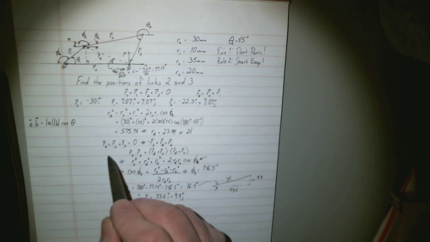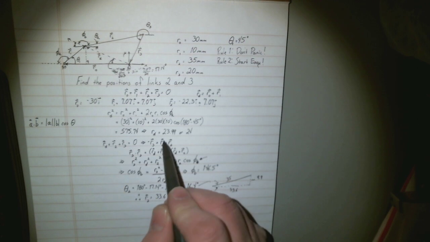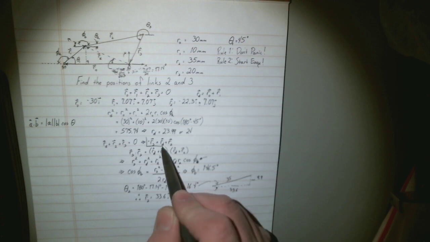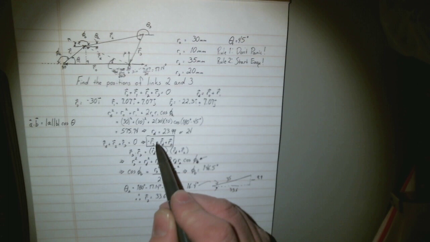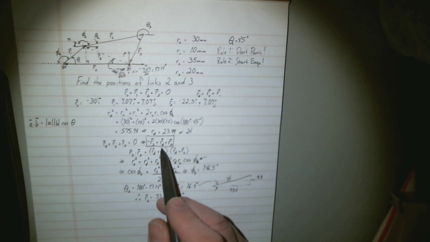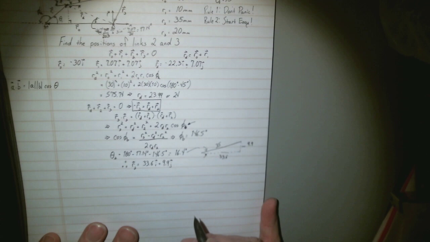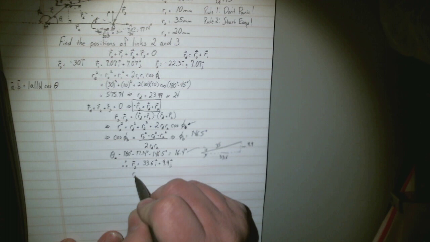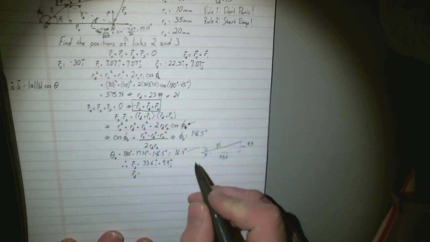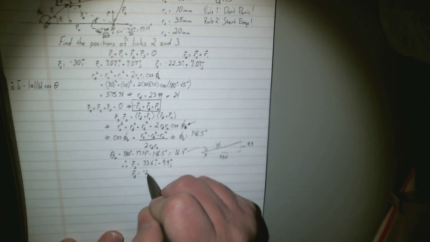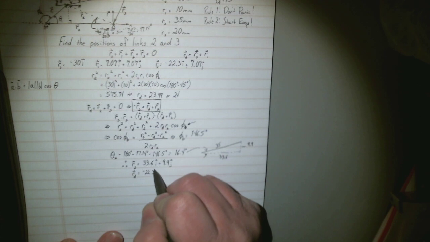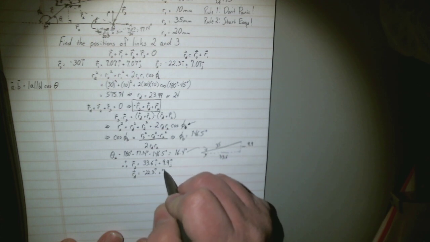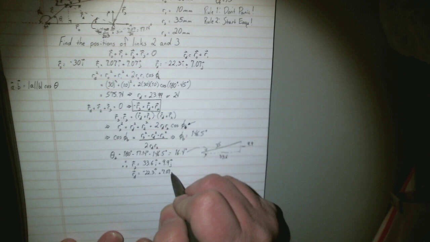Now finally, we can make use again of this equation. Negative r sub 3 is equal to r sub d plus r sub 2. We have r sub 2 here, just to remind us. R sub d is equal to negative 22.3 i plus 7.07 j.